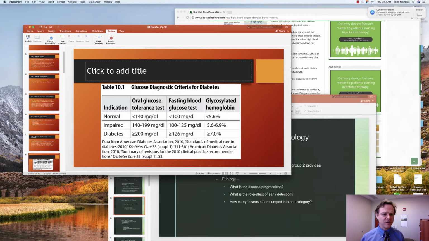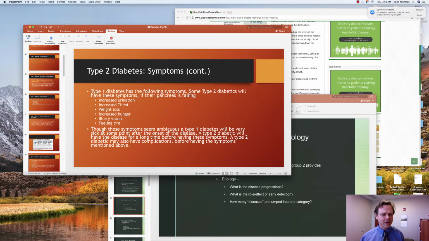I do have some videos. If you find good videos, make sure that they're in the appropriate spot. If you have pictures, other people are much better at putting in pictures and finding pictures than I am. But I got this from the textbook, so including these is good and beneficial.